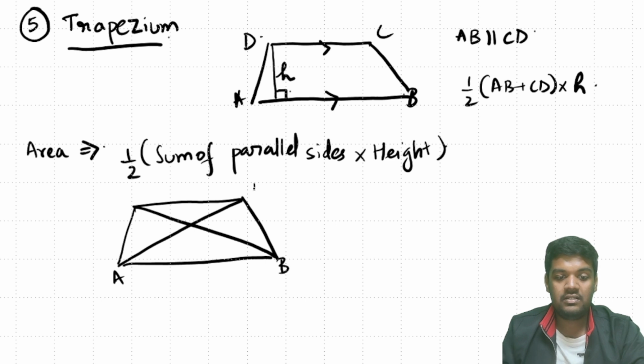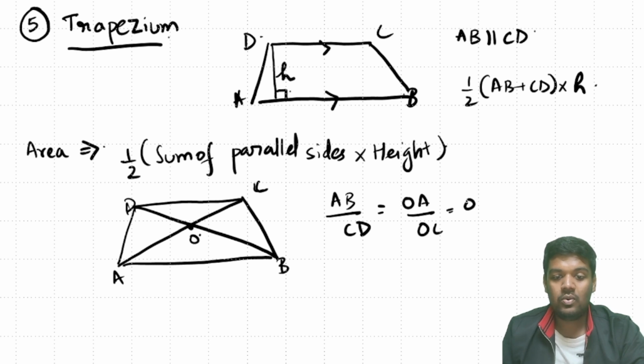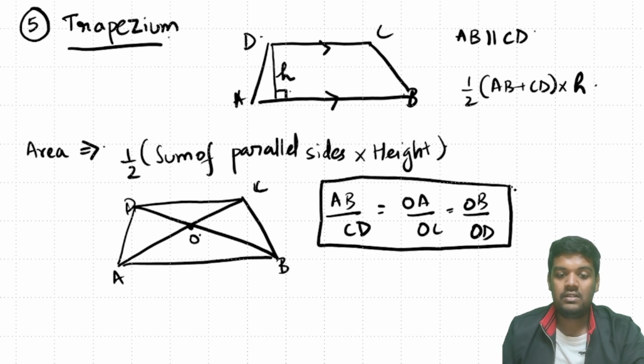So if this is the trapezium ABCD, so जब diagonals intersect each other, let's say at point O, then AB by CD equals OA by OC equals OB by OD. Right. So ये एक important property है regarding intersection of the diagonals of a trapezium.